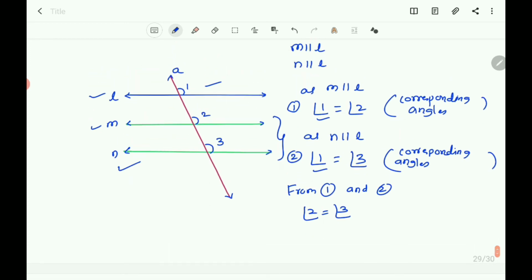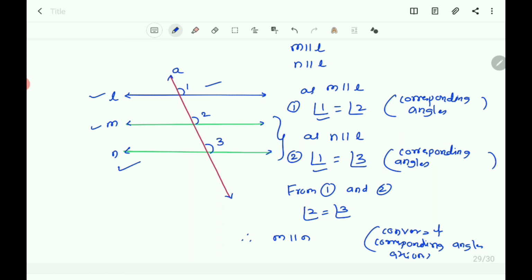Therefore, as these corresponding angles are equal, with the help of the converse of the corresponding angles axiom, you can say that the lines M and N are parallel to each other. Therefore, you can say that M is parallel to N. That is, which axiom here? Converse of corresponding angles axiom.